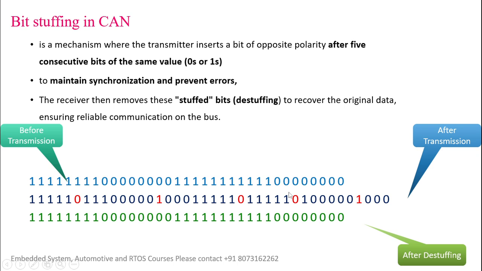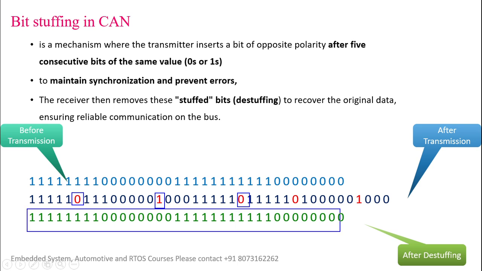So we have the before transmission case, the after transmission case, and finally after destuffing. After destuffing, your original data will be recovered. The stuffed bit will be removed when you receive the data, and the original data is recovered.